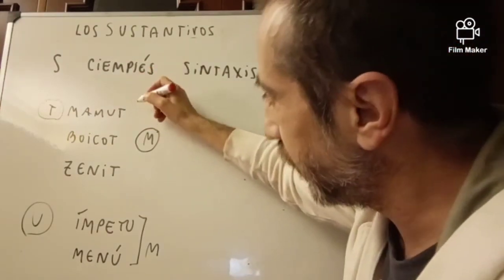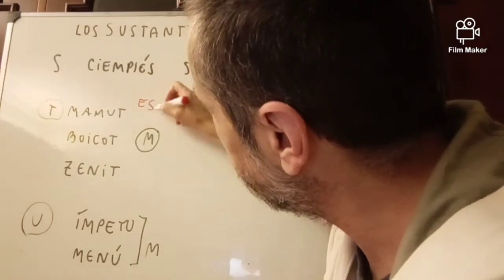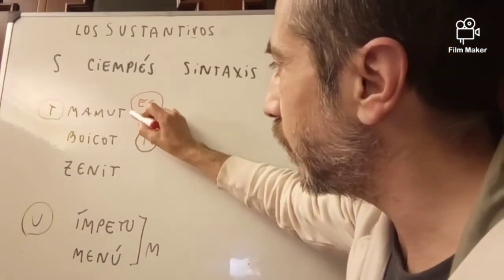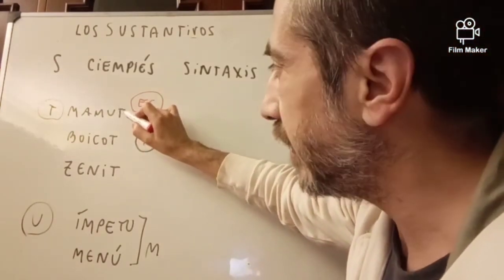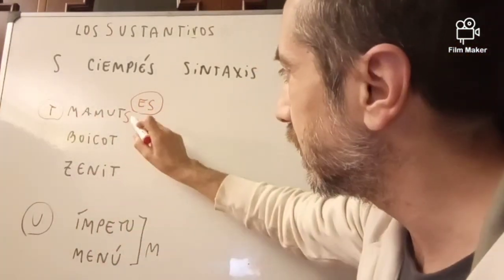It's an exception to the rule that says that we add es when the word ends in a consonant, because in this case we say el mamut, los mamuts. So it's an exception to the rule.